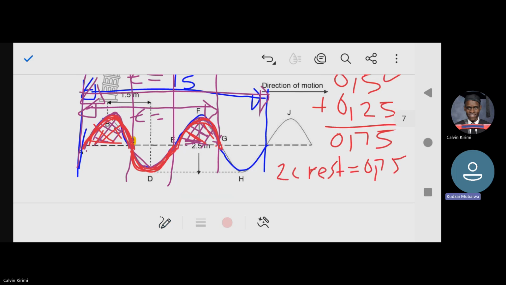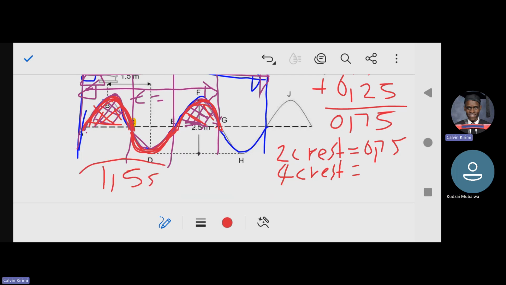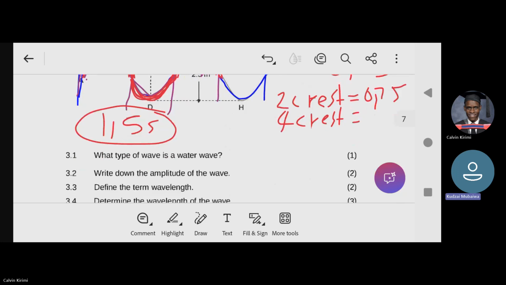We're going to multiply 0.75 by 2. For 4 crests, I multiply by 2, and that's when you get 1.5 seconds. The time taken for 4 crests. So did you see how we're reasoning here?